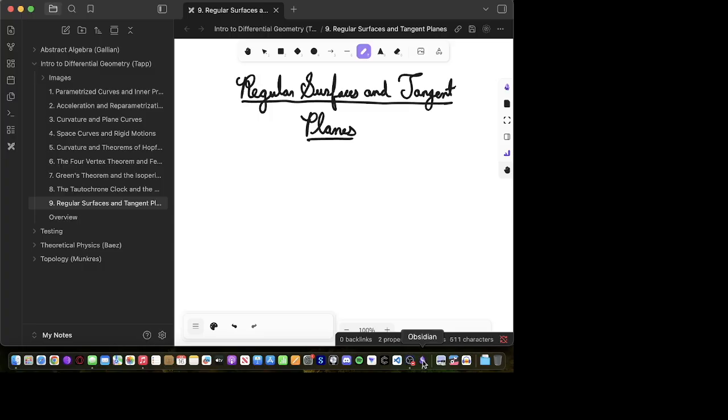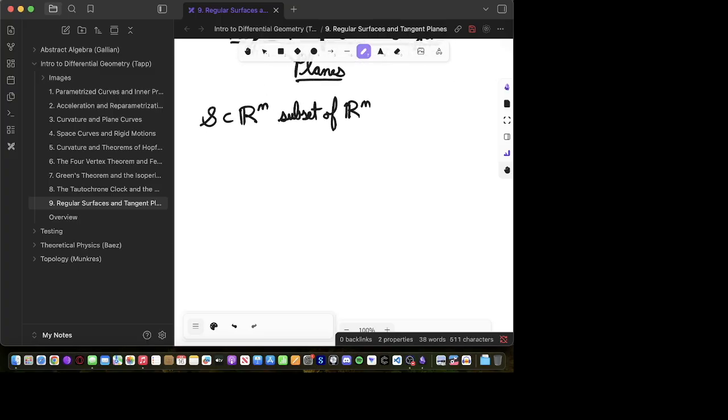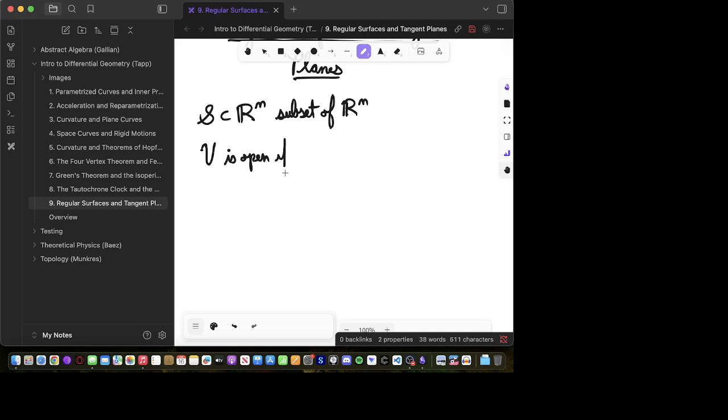So we begin with a couple of definitions. Let's say we have a subset S of Rn. Some set V is open in S if V is the intersection of S and an open set in Rn.